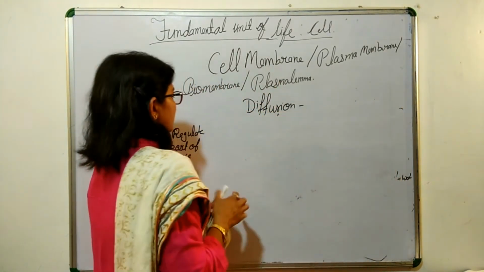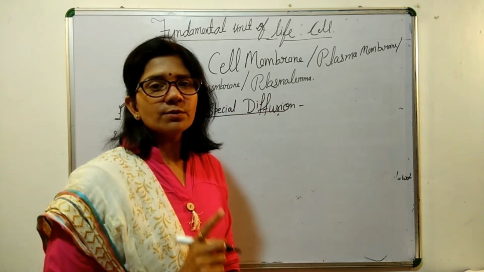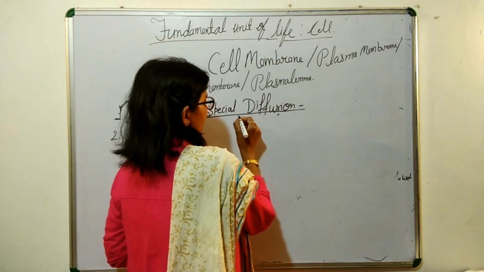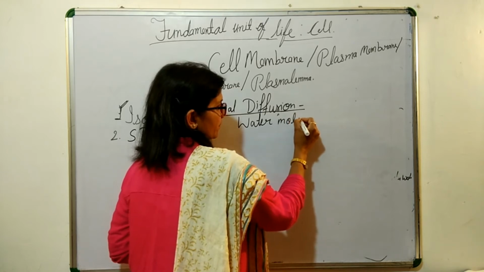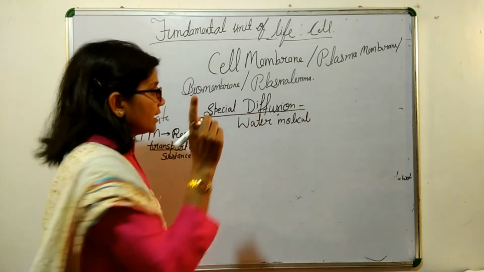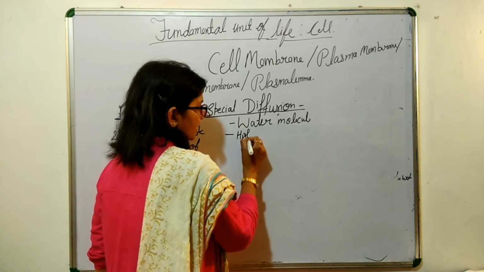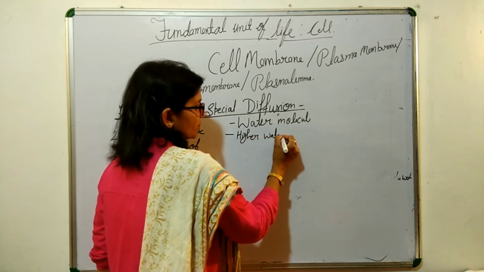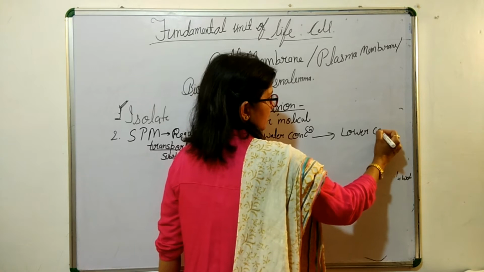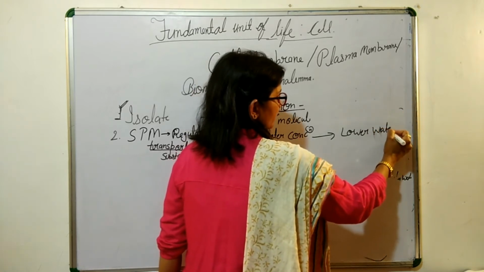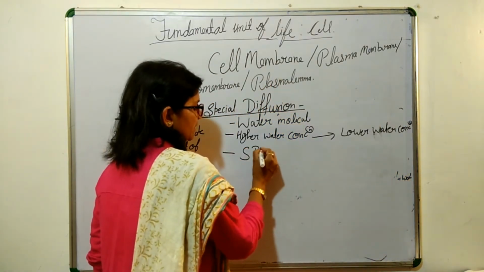Now there is the second case, which is a special type of diffusion. Let's see this special type of diffusion. When the diffusion is taken place by the water molecule, just see this water molecule. First point, diffusion of water molecules from higher water concentration to lower water concentration through a semi-permeable membrane.